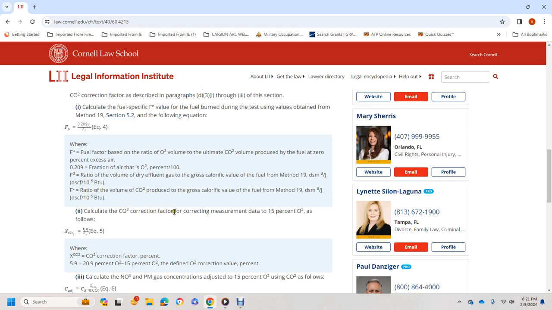Calculate the carbon dioxide correction factor for correcting measured data to 15 percent oxygen as follows: carbon dioxide correction factor, percent, is equal to 5.9 over Fc.